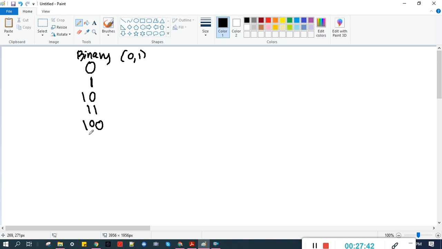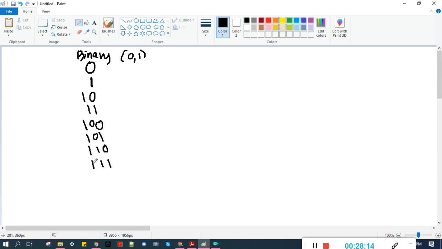Next, add 1, we increment the least significant bit, and it becomes 101. Then it's already filled, so we increment the next digit, so 1, 1, and then 0. Next, it's 1, 1, 1.